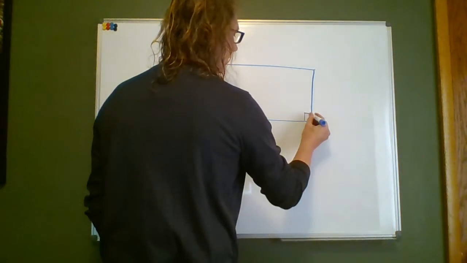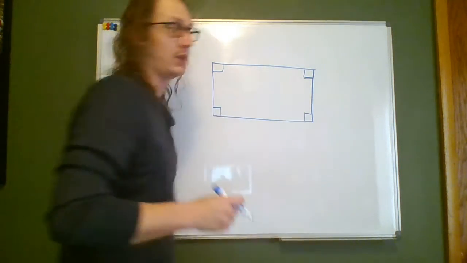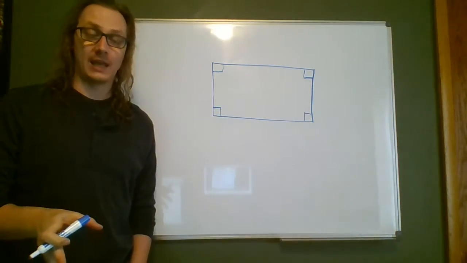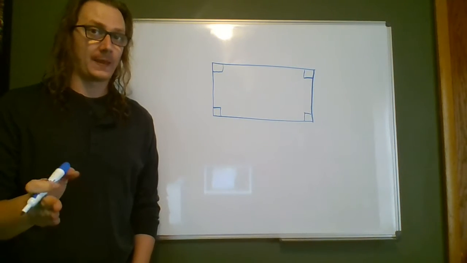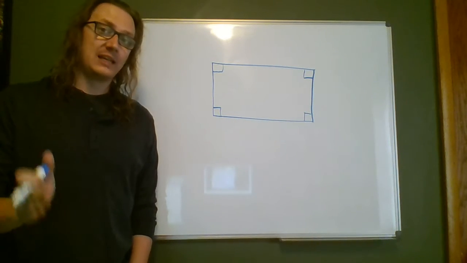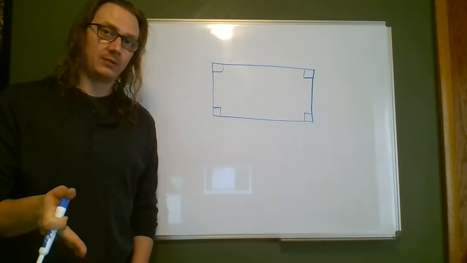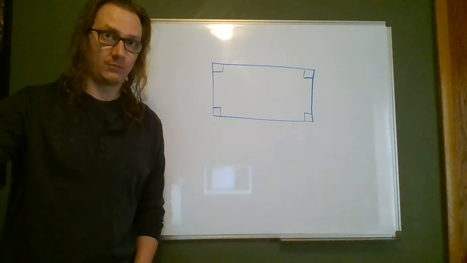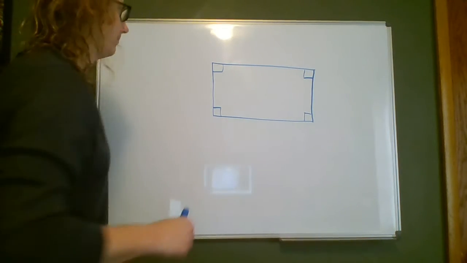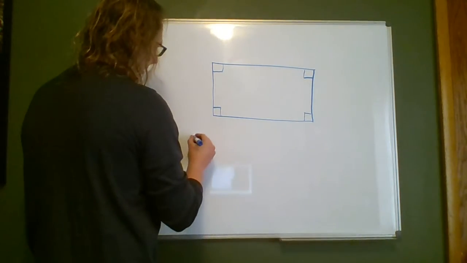That's the important piece. Okay, you have to have four right angles. Have to, and that'll be true for squares too. Okay, a rectangle is a four-sided shape with four right angles. Donezo.